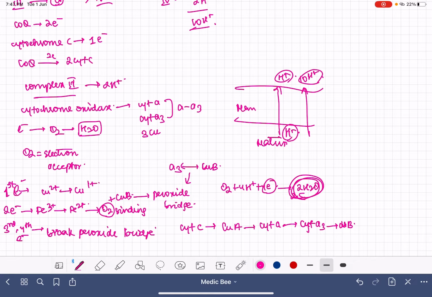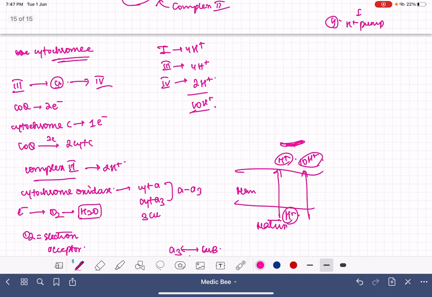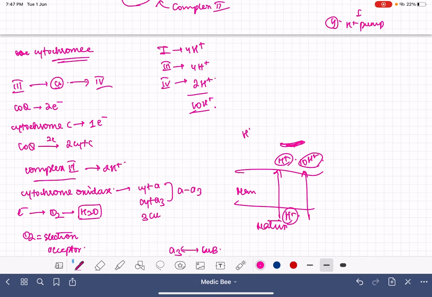So you can imagine how many protons begin to accumulate on this side. Due to this high concentration of protons on this side, the electrochemical potential will rise.